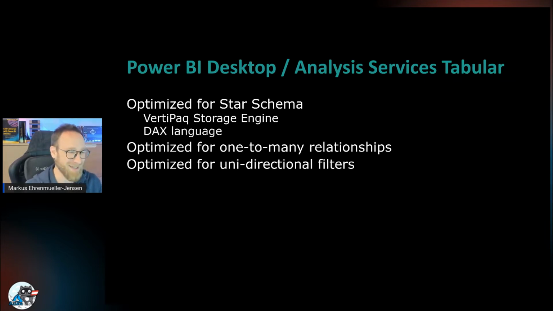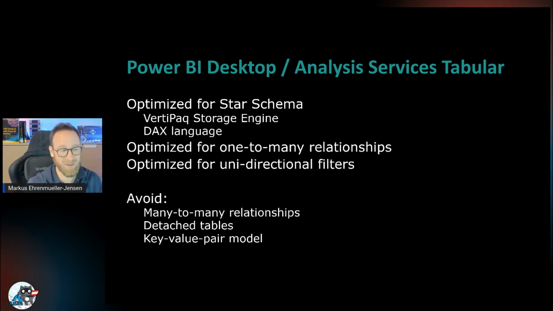As this is an advanced talk, I will talk about exactly that, violating those rules for a certain reason. So I urge you, please do not use this talk as an excuse for not sticking to the best practices, for not having a star schema, for not having one-to-many relationships, for not having unidirectional filters.